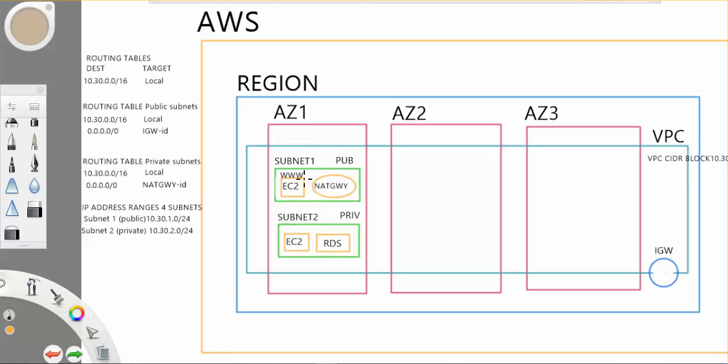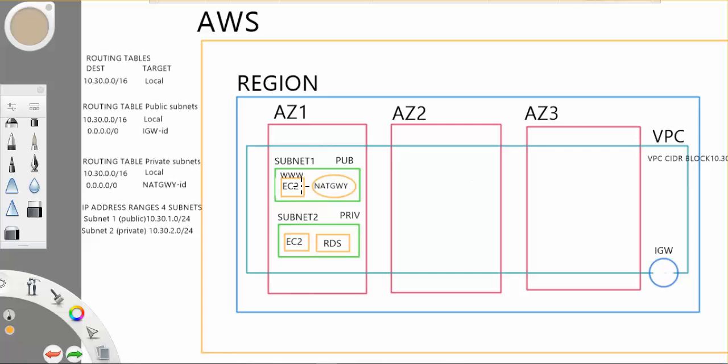The reason why we created this public subnet and placed, for instance, this server and the NAT gateway there is because these devices will not only have an internal IP address, they will have a private IP address in the form of 10.31 dot something.